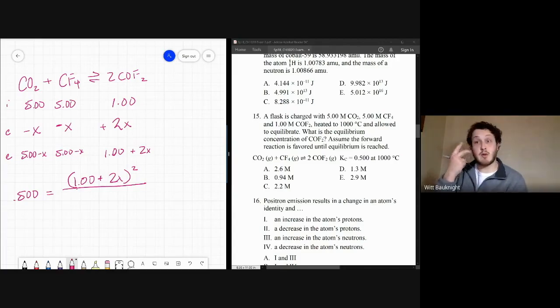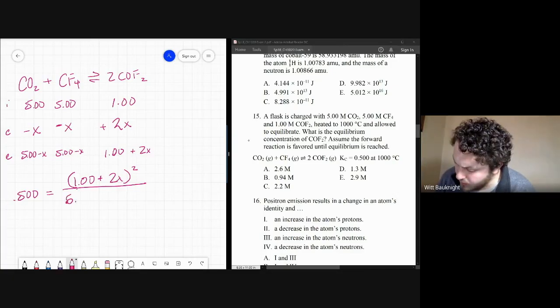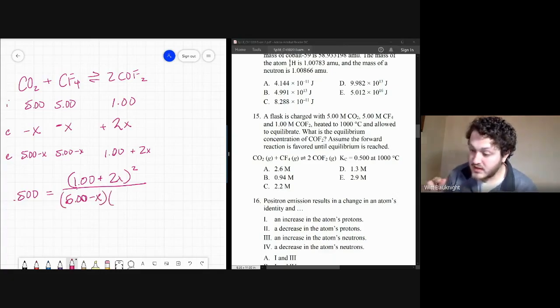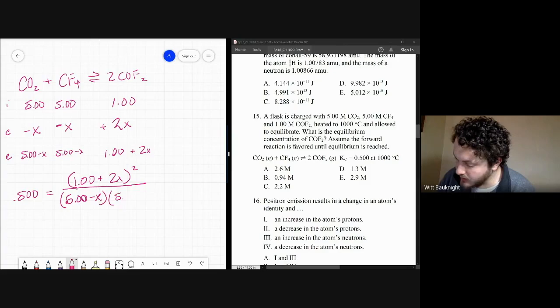So the 2 stoichiometric coefficient affects it twice. It affects the change, but also affects the Kc expression. So that's important to keep track of. And then we have 5.00 minus X, and we have it again for the CF4, 5.00 minus X.